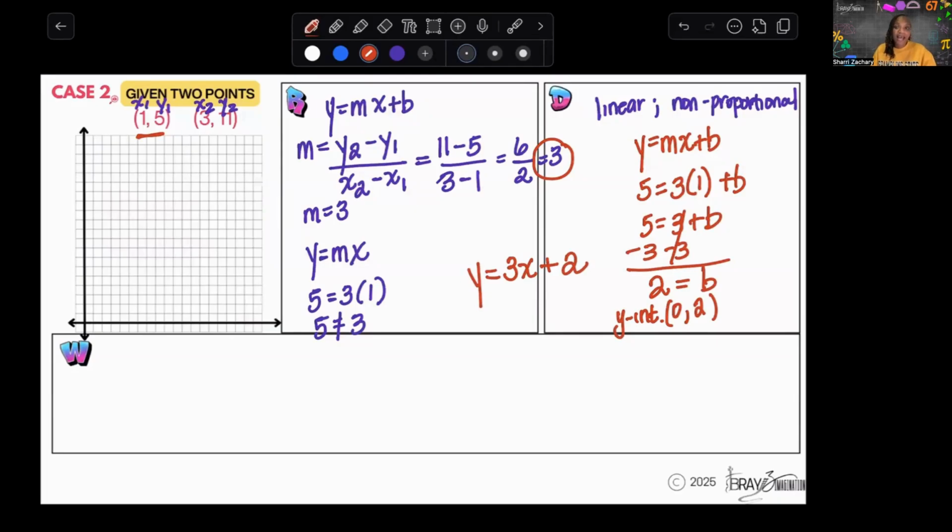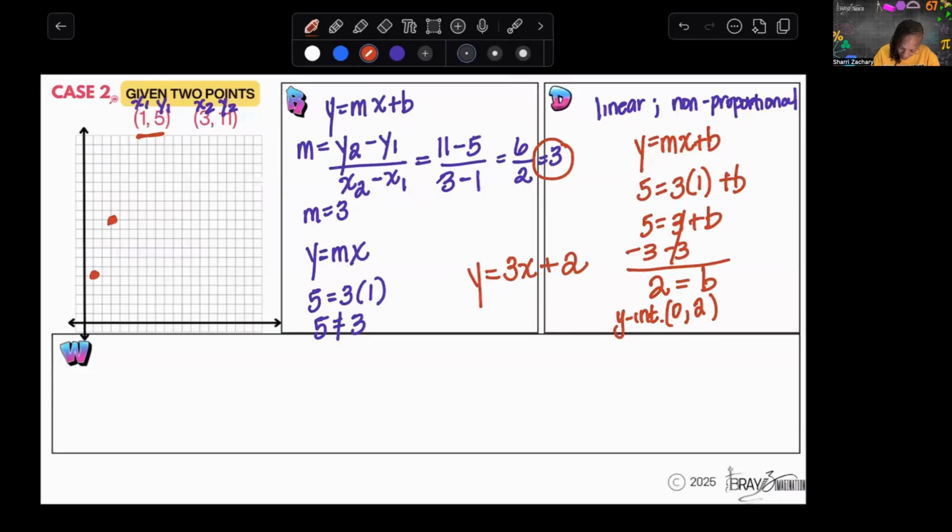And I know it's not going to pass through the origin. So I have my 2 points here. I had 1, 5, 1, 1, 2, 3, 4, 5. And then I had 3, 11. 2, 3, 1, 2, 3, 4, 5, 6, 7, 8, 9, 10, 11.